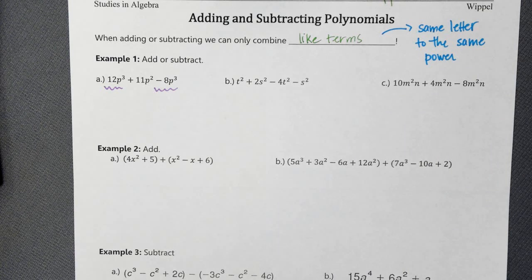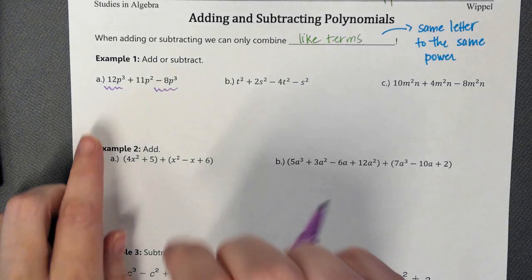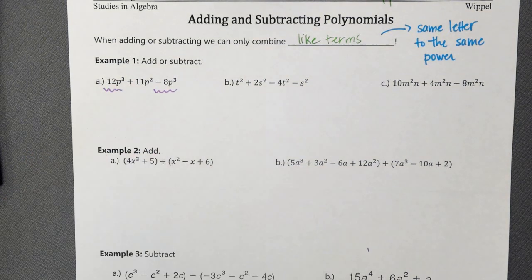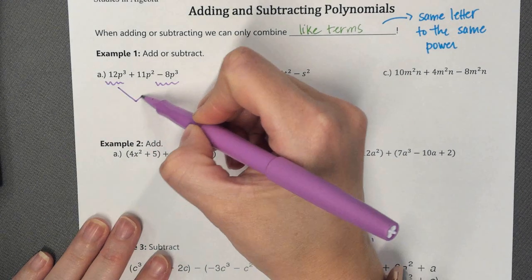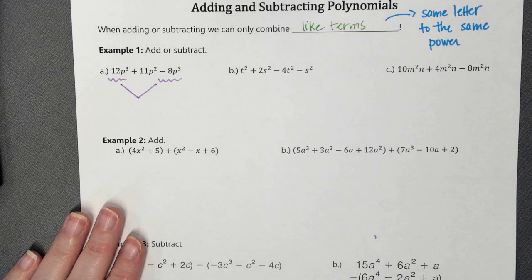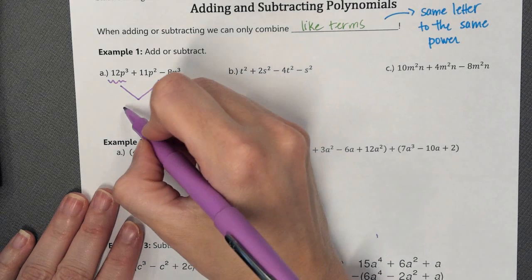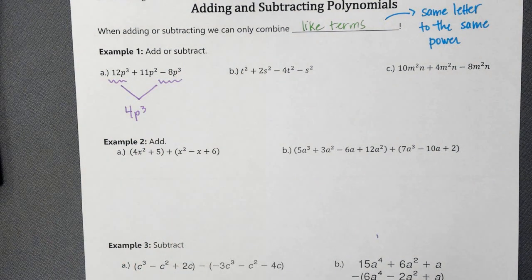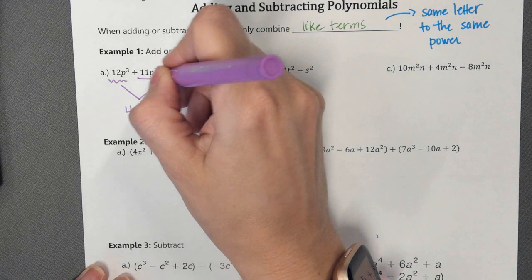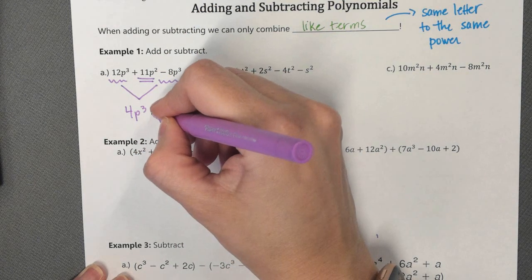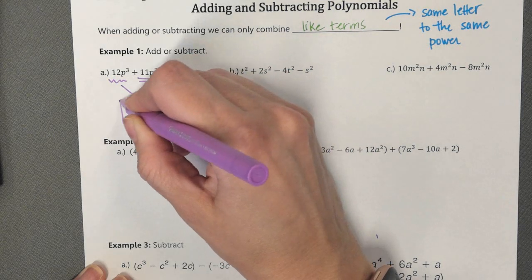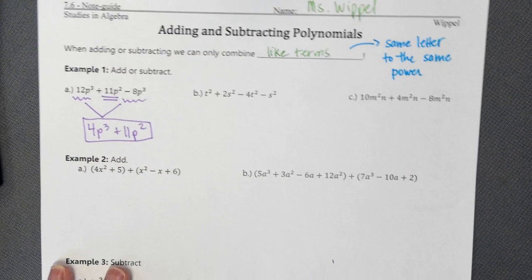So we are going to have to do 12 minus 8. What's 12 minus 8? 4. So this is going to be 4p cubed. Now this 11p squared, there's nothing else to add it to, so we're going to write it there.